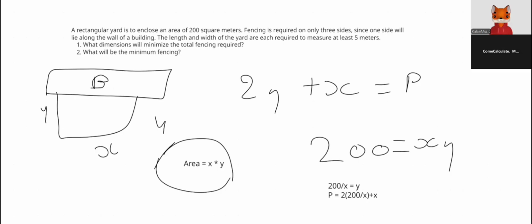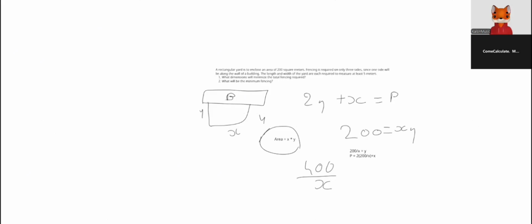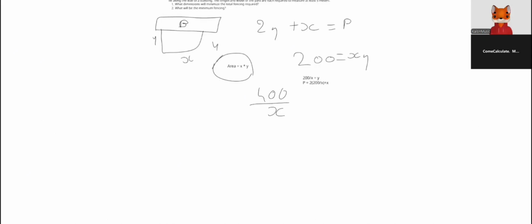Right. We're going to multiply 2, which is 2 over 1, as a fraction by 200 over x. This gives us 400 over x, as 2 times 200 equals 400, and 1 times x equals x.